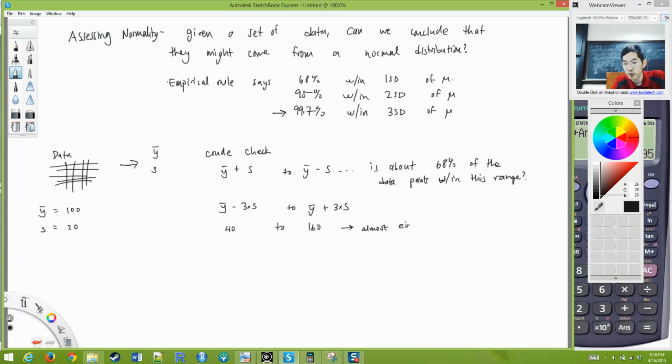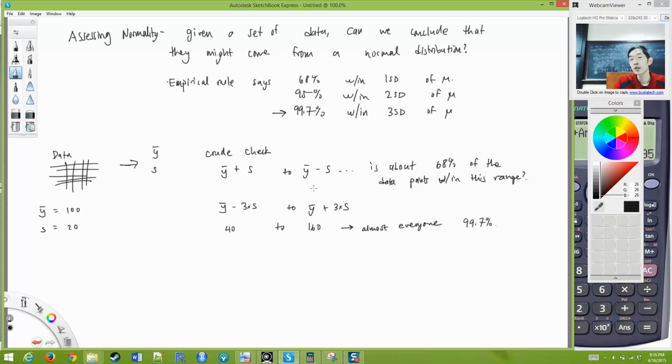Almost everyone. 99.7%. Okay? So if you have a data set of 200 data points, you should have essentially no one outside of this range. Maybe one person, okay? And if you're getting multiple data points, that might be a good indicator that you don't have a normal data set.